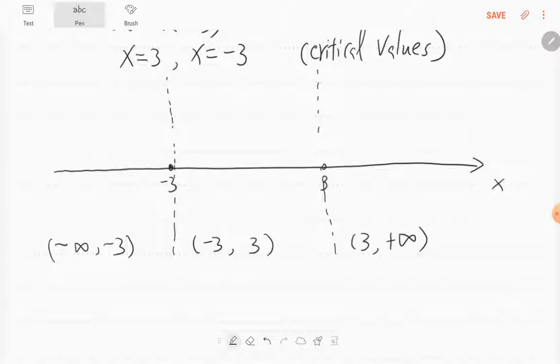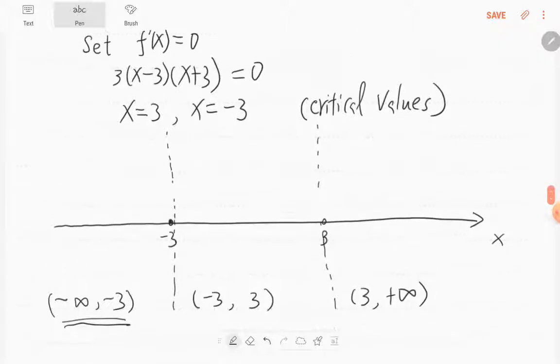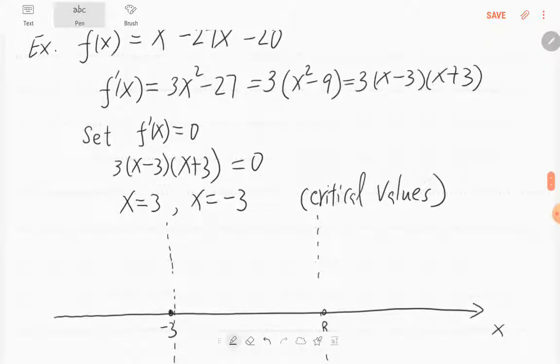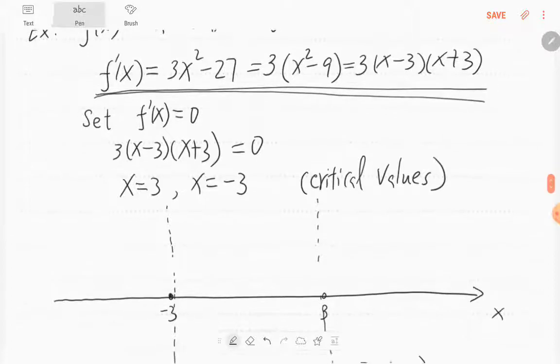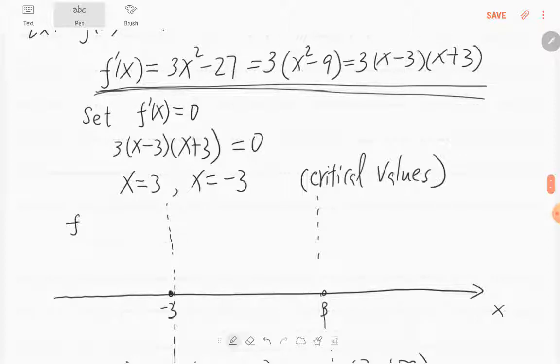So for the first interval, we just pick an arbitrary number which is inside this interval, any number. For example, negative 4. Negative 4 is inside, then we plug in negative 4 into not the original function, but the derivative. Okay, we plug in negative 4, so f prime of negative 4. We do the calculation, okay, it would be a positive number.